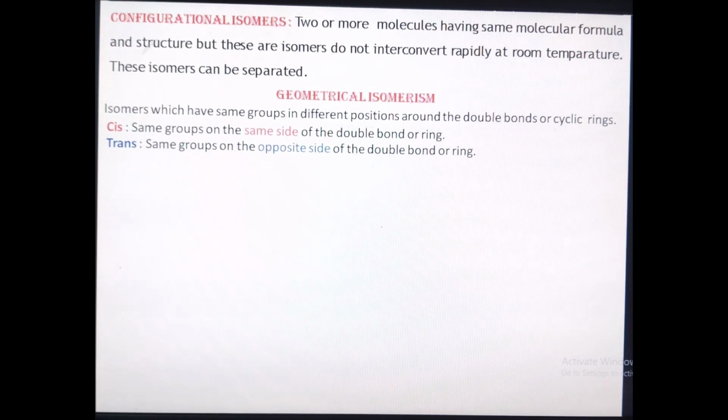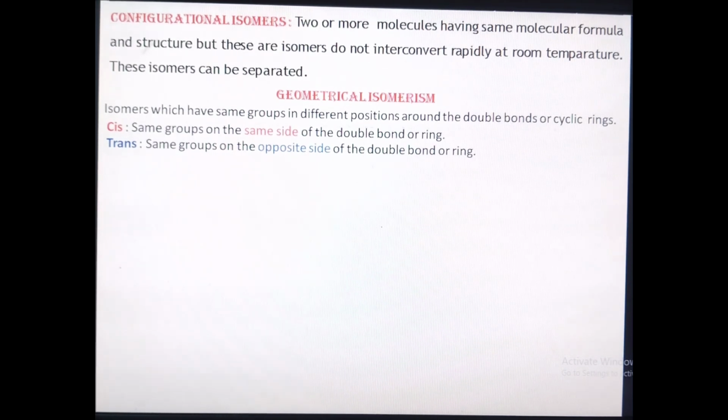When two or more molecules have the same groups in different positions around the double bond, those are called geometrical isomers. The position of the groups around the double bond will be different.